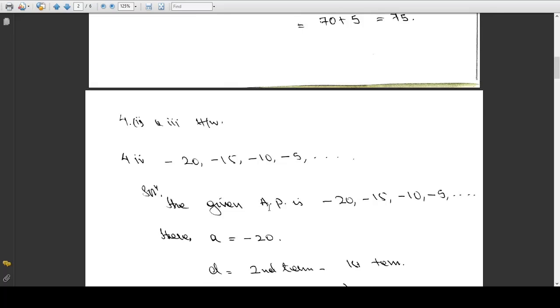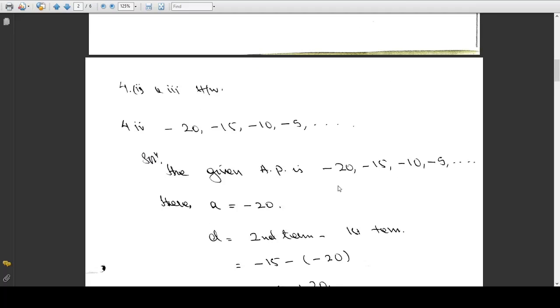Okay, the given AP here is minus 20, minus 15, minus 10, minus 5 as the first, second, third, and fourth terms. The first term is minus 20, and the common difference is the difference between any 2 consecutive terms. If you take the second minus the first, it's minus 15 minus the first, which is minus 20.